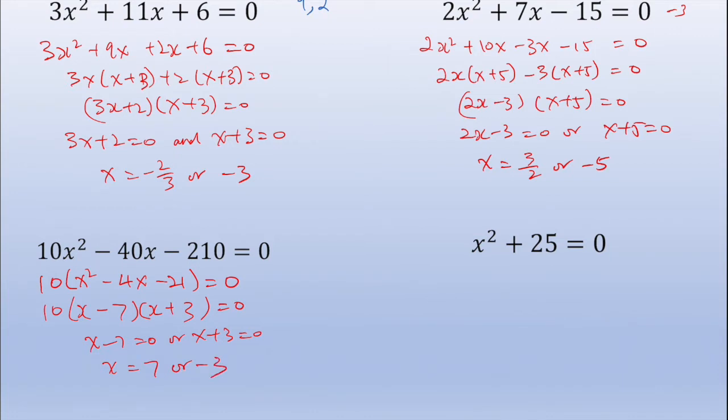Now finally, let's have a look at the last one. x squared plus 25 equals 0. Can we factorize it? No. What about, let's move 25 to the right-hand side. If we have x squared equals minus 25, x therefore equals the square root of minus 25. We cannot solve it.